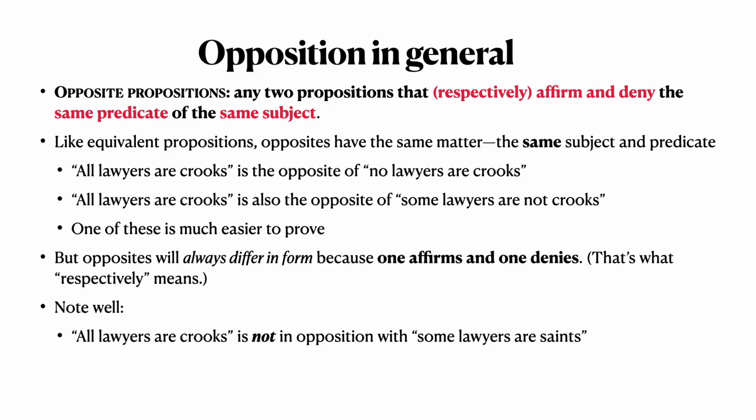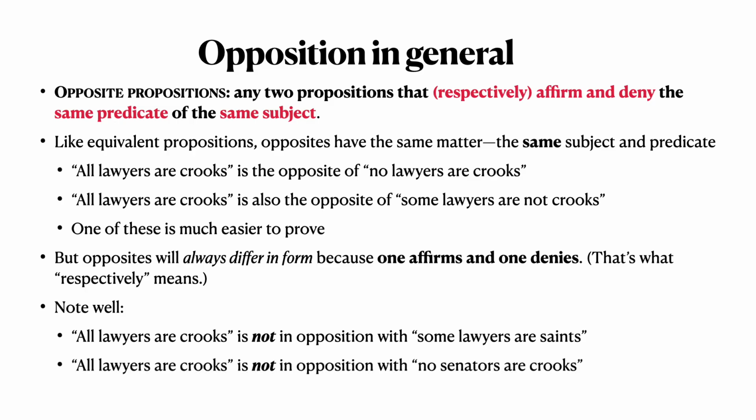So those two things can't be opposites. Similarly, all lawyers are crooks is not in opposition with no senators are crooks, even though most senators are lawyers, right? That's not the same subject. So unless you have the same subject and the same predicate, you do not have opposite propositions.